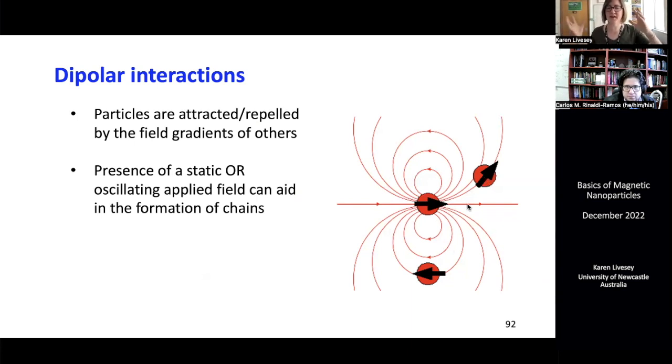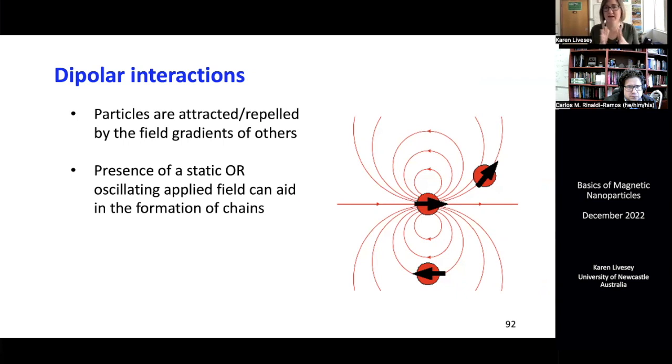So we can expect particles not just to assemble because of an external field, but also because of fields that they feel from their neighbors. So they could even self-assemble without a field.